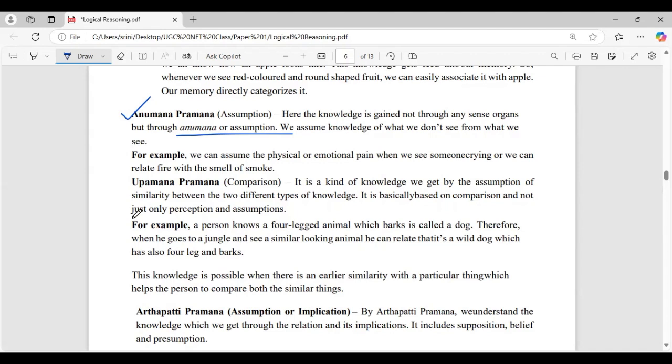This knowledge is possible when there is an earlier familiarity with a particular thing, which helps the person compare the two similar things. So it is purely based on comparison; we must have previous knowledge of what we see so that we can make a comparison.